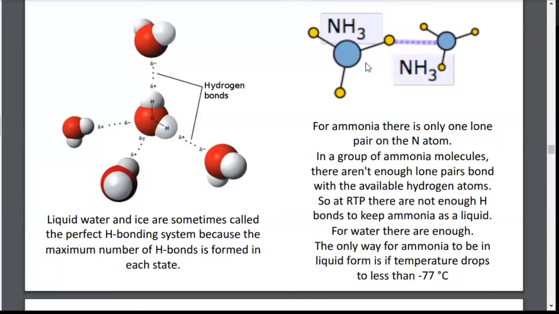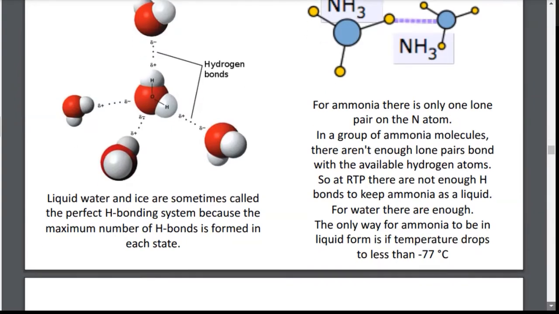So at room temperature and pressure, there are not enough hydrogen bonds to keep ammonia as a liquid, whereas with water there are enough. The only way that ammonia can be in liquid form is if the temperature drops to less than minus 77 degrees, and that's far too cold. So it stays as a gas.